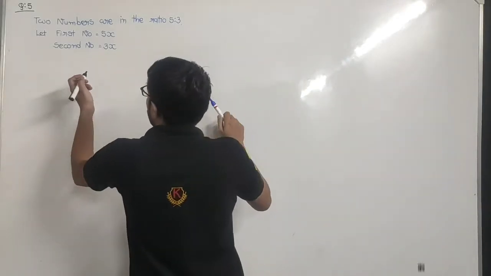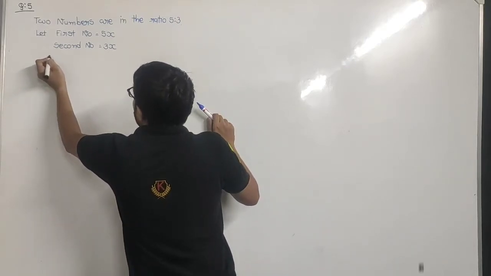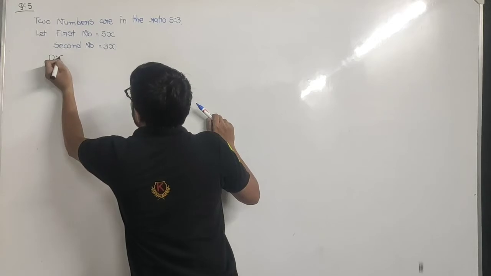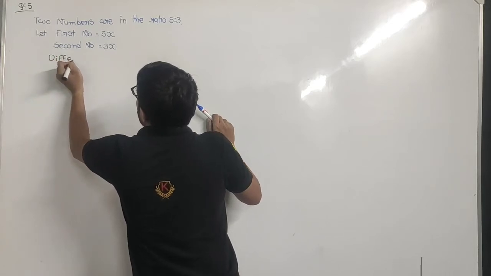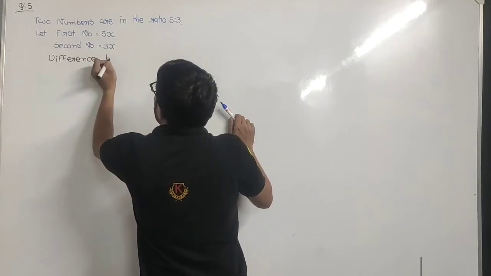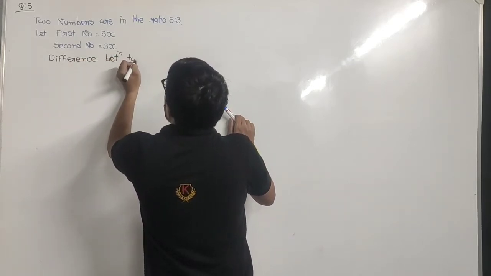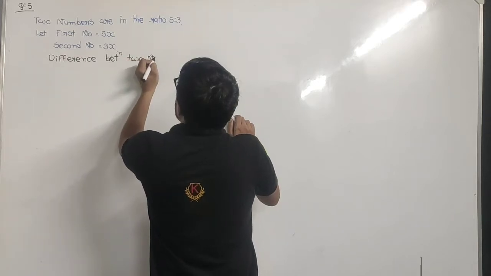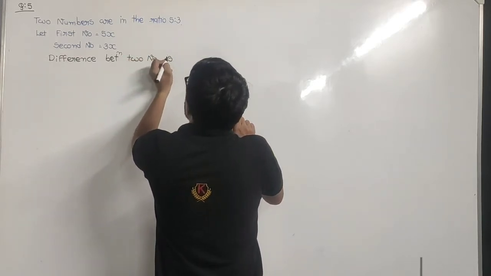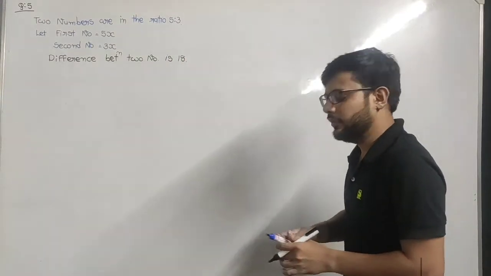So the difference between two numbers is how much? Differ means difference. The difference between two numbers is 18.